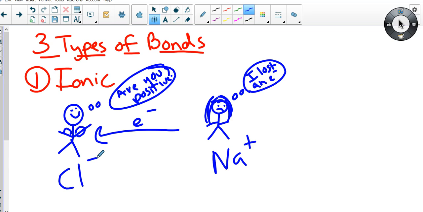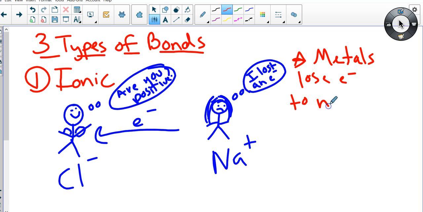True story. What happens is the metals lose electrons to nonmetals. And another way of saying this, that's how you're normally going to see it, is electrons are transferred.